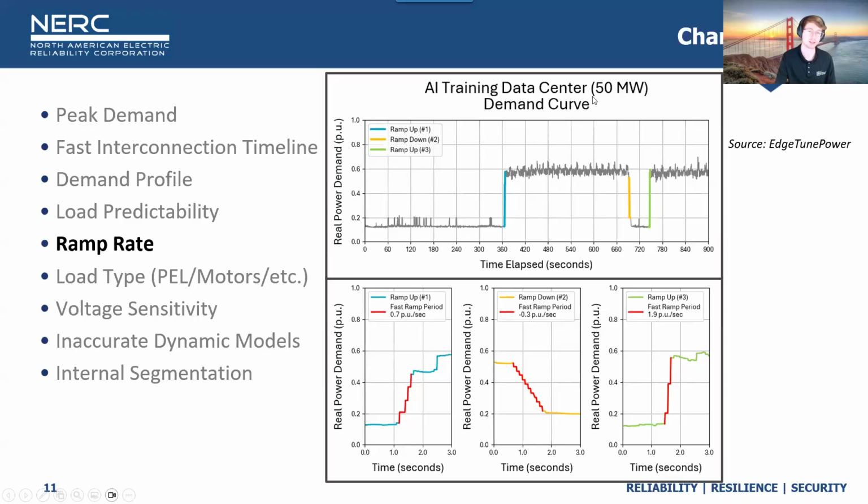This is a 50 megawatt data center block. And of course, the most rapid ramp we saw is here at the second ramp up, and it's 1.9 per unit per second. So very, very rapid fluctuations in demand. And of course, this is a 50 megawatt facility, and it's a lot smaller, but you can imagine what that might look like if you have a really large facility or a lot of different facilities all ramping.